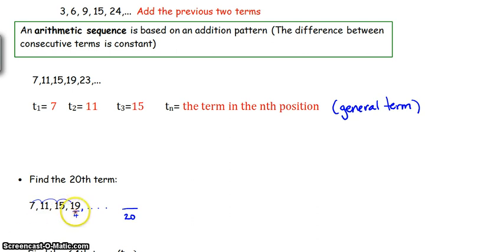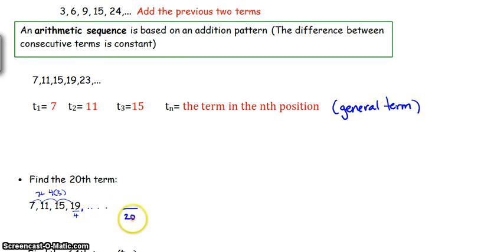How many times to get to the 4th position? We added 4, 4, 4. We added 4 3 times to the 7 to get to the 19. So basically, you want to add your common difference 1 less than the term position.